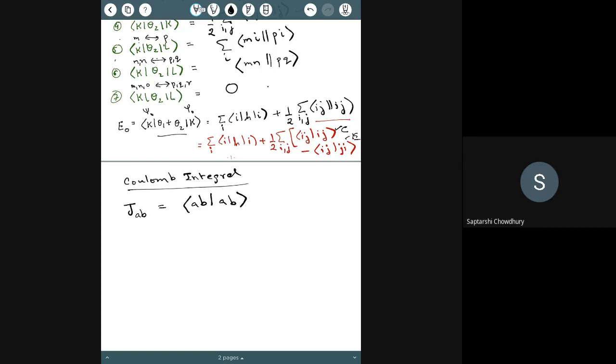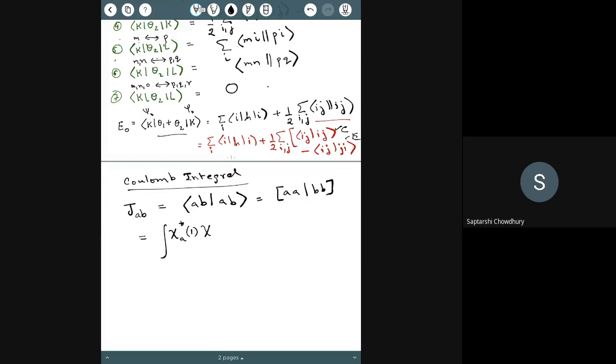Then why is it called the Coulomb integral? To see that, we simply have to open out the integral. So you have chi a star 1. Okay. Also, I just noticed that I am writing it in Dirac notation. I think Zabu writes it in Mulliken. So I will also write the Mulliken one over here. Okay.